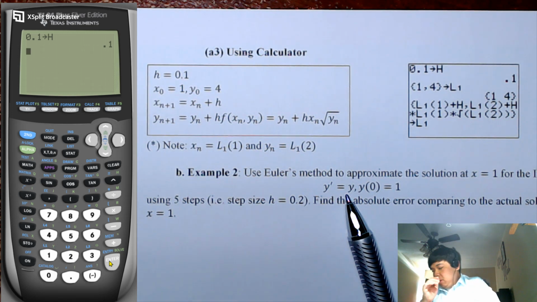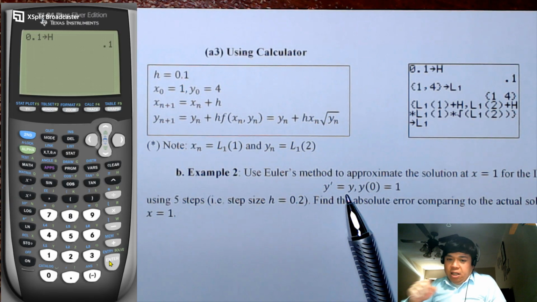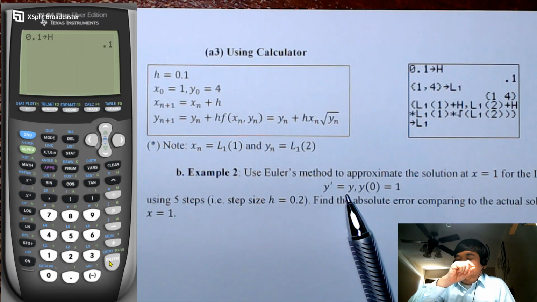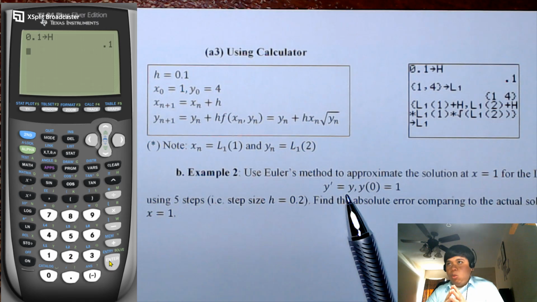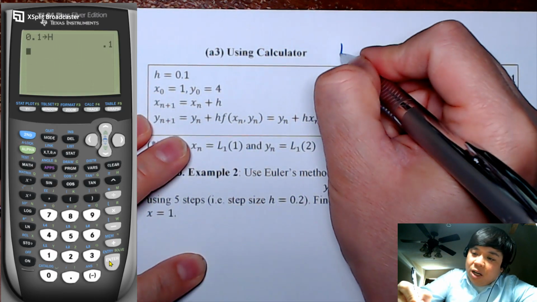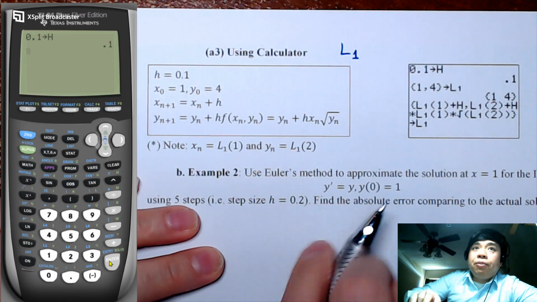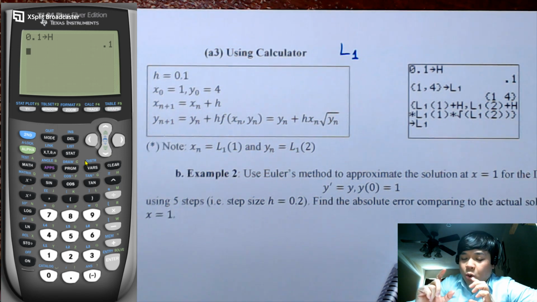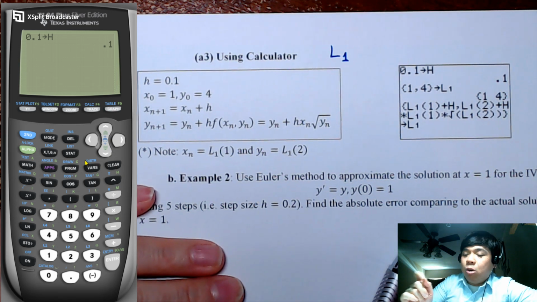Now a little more confusing here is we have x naught, y naught, and then x1, y1, x2, y2. So there are too many. We cannot just have x and y in here. So instead of that, we use a list. On this list, the first value is going to be x, the second value will be y.